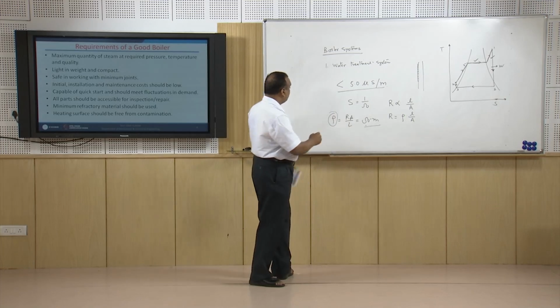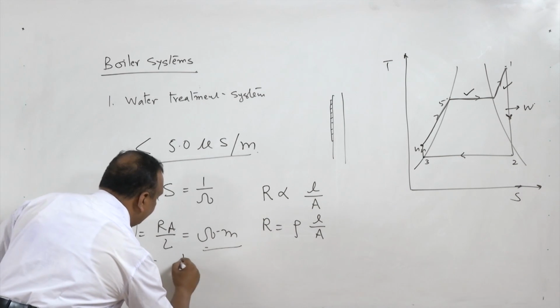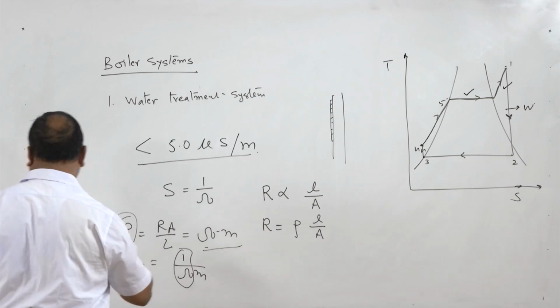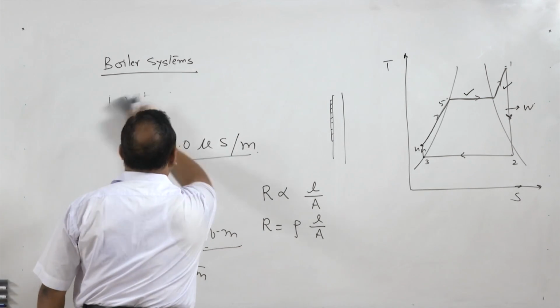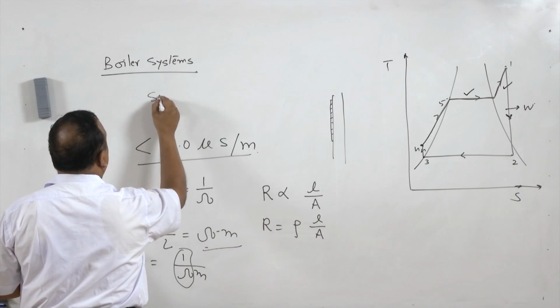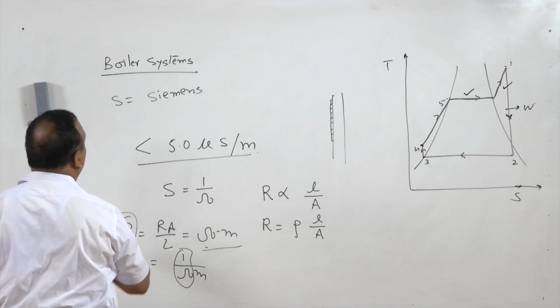Now, conductivity is the opposite of this, 1 by rho. So, it turns out to be 1 by ohm meter, and this 1 by ohm is known as Siemens, denoted by S.